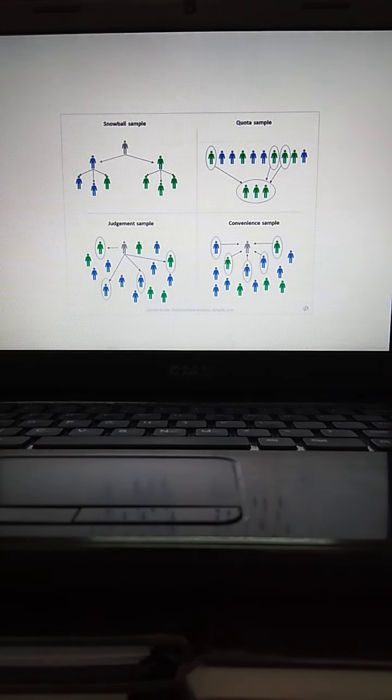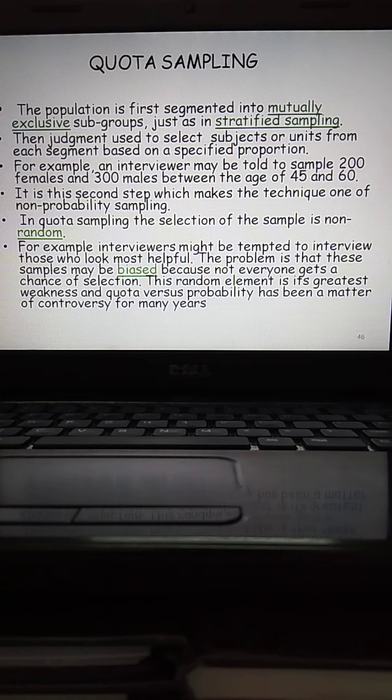See here, quota sampling. The population is first segmented into mutually exclusive subgroups, just as in stratified sampling. Then judgment is used to select subjects or units from each segment based on a specified proportion. For example, an interviewer may be told to sample 200 females and 300 males between the ages of 45 and 60.